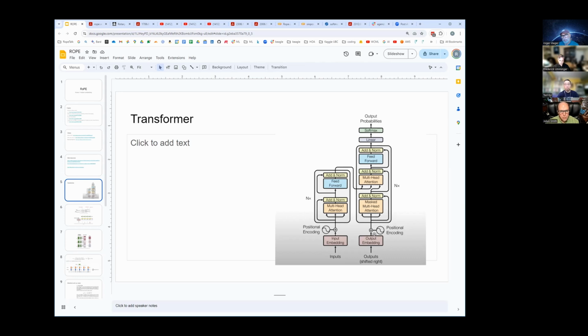It shows the token embedding, and then the positional encoding. In this case it shows a plus because the position embedding in the original paper was additive: you took the embedding of the token and added in the embedding for the position. Then that was fed into the multi-headed attention.